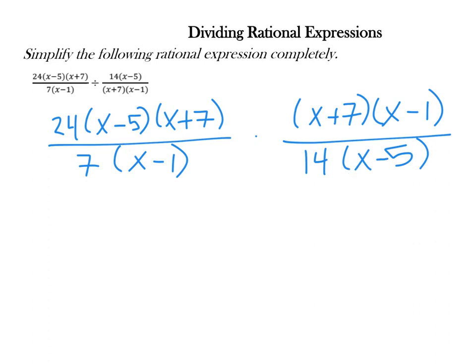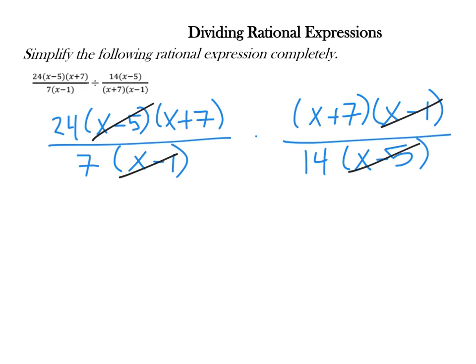Keep, change, flip. Now that we have done that, we can combine everything into one fraction all together, or we can start simplifying and canceling some common terms from the numerators and the denominators. Notice how here I have a common term with the x minus 5 in the numerator and the denominator, and I also have an x minus 1 in the numerator and the denominator. I can continue to simplify the numbers. These numbers can also simplify, the 24 and the 7 and the 14.